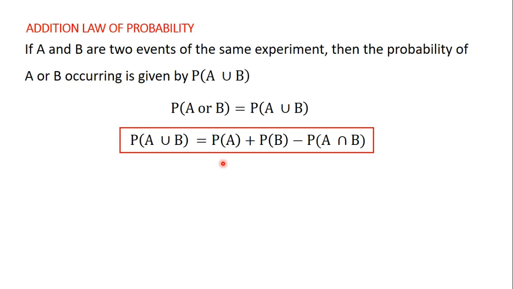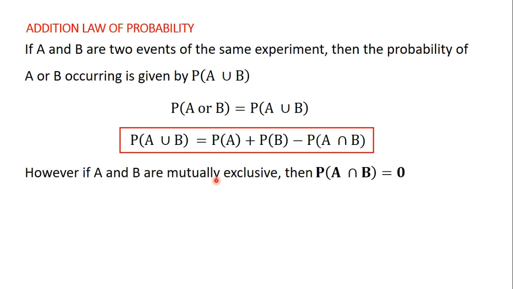We have learnt about mutually exclusive events. We know that for mutually exclusive events, probability of A intersection B is equal to 0 because A and B cannot occur together. So the probability of having A and B, which is the same as probability of A intersection B, is equal to 0.